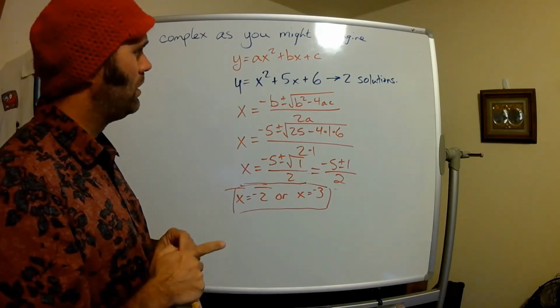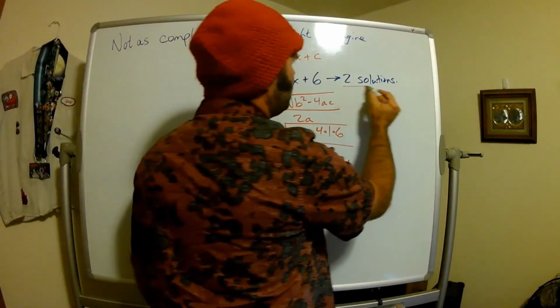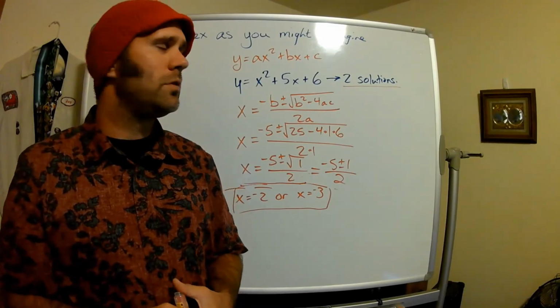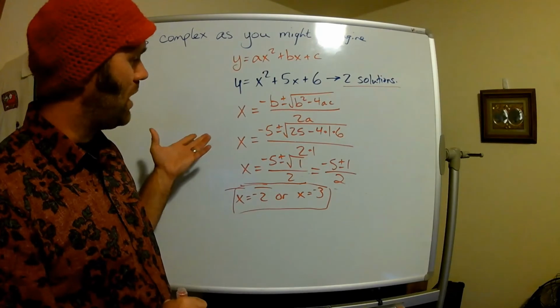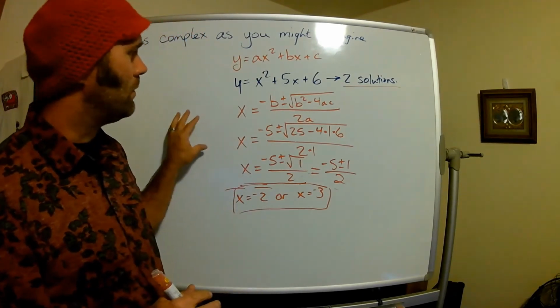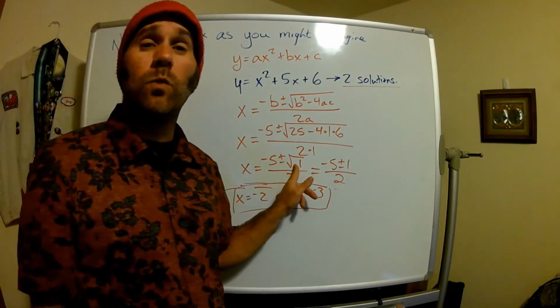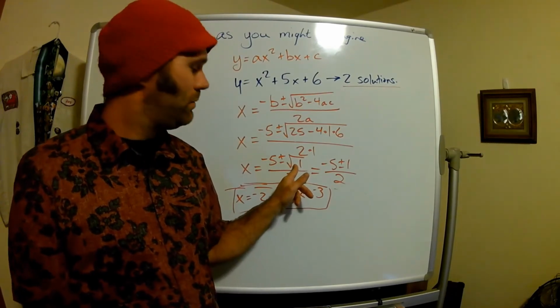But first, there is another way of figuring out whether or not you get two solutions, one solution, or no solutions. And it's in the quadratic formula. If you notice down here, the square root of 1 is positive.